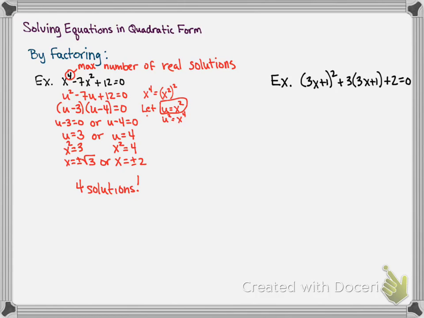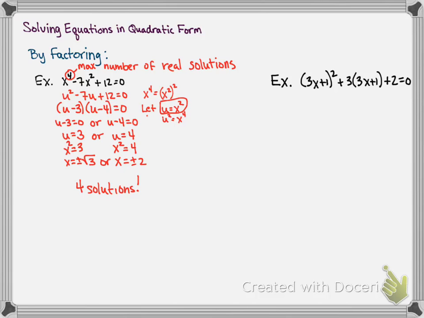Okay, let's look at another example we can solve this way. This one looks even more different. So I have 3x plus 1 quantity squared plus 3 times the quantity 3x plus 1 plus 2 equals 0. Now you might be tempted to expand this out and simplify it, but then it will probably become harder to even solve.